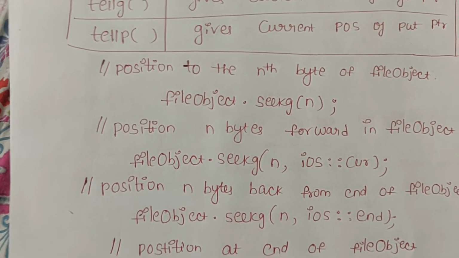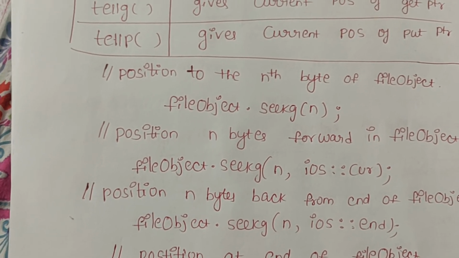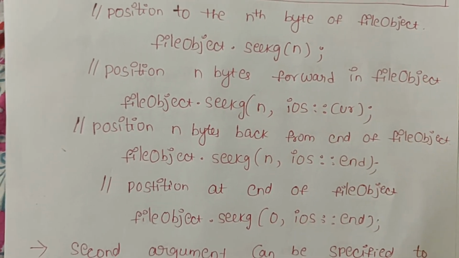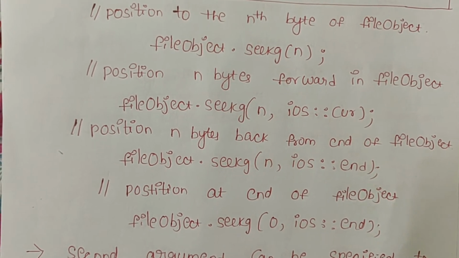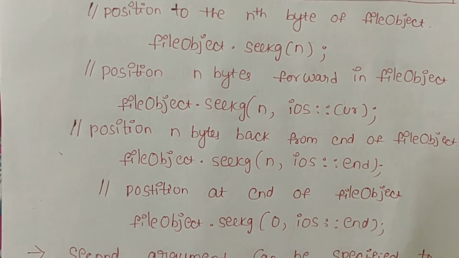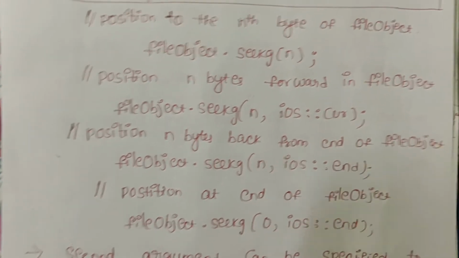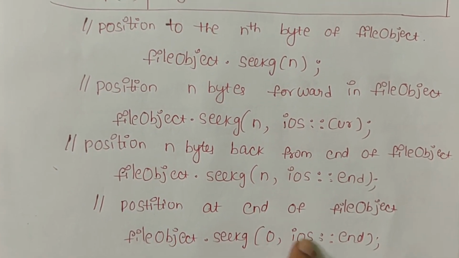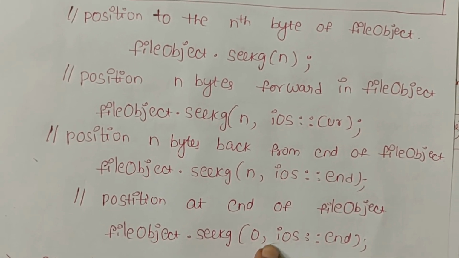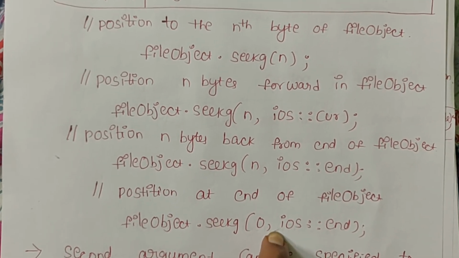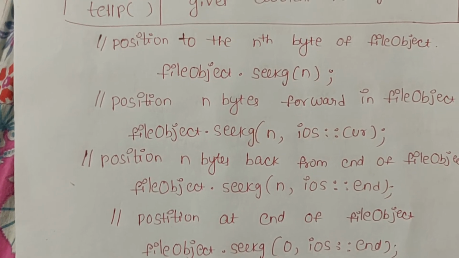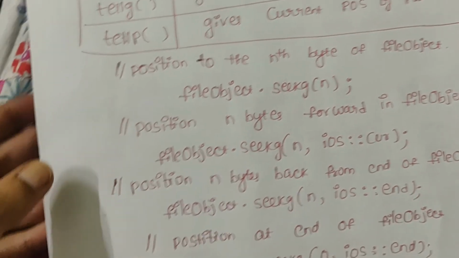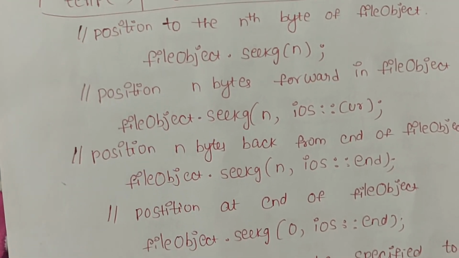It will move backward from the ending of the file. Next, position at the end of the file object. File object dot seekg, if I give 0 here, that means it indicates the end of the file. It will insert something at the end of the file.